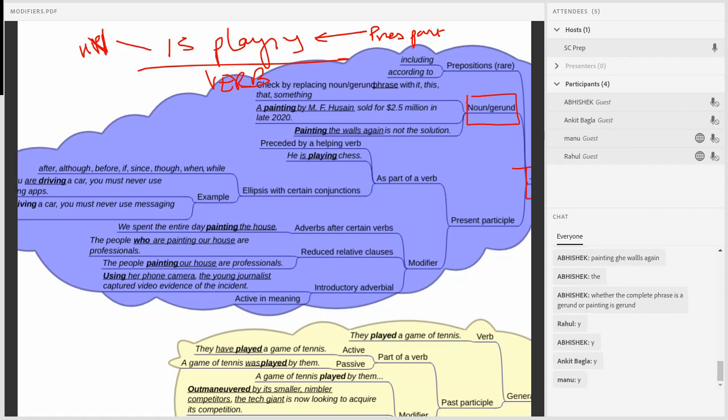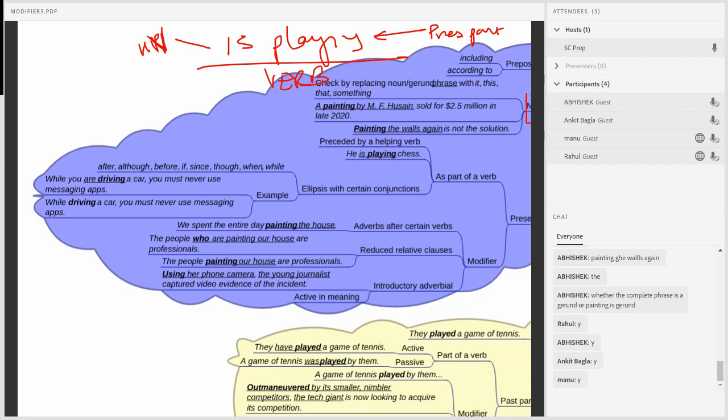Excellent. Now, when we use an ing verb after certain conjunctions, you may not see a complete clause. Now, we've already discussed this. You may or may not remember it, but let's take another example.